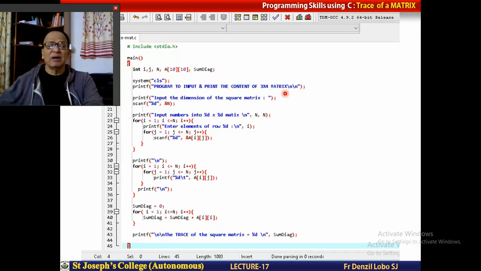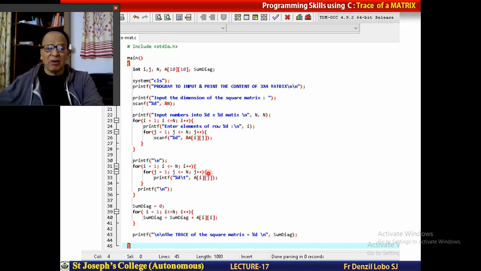So let us see the program. As you see here, we are declaring a square matrix of 10 cross 10. Therefore, you can go up to 10 rows and columns. Then we get the value for n. We input numbers into this matrix: ampersand Aij for i equal to 1 to n, for j equal to 1 to n.